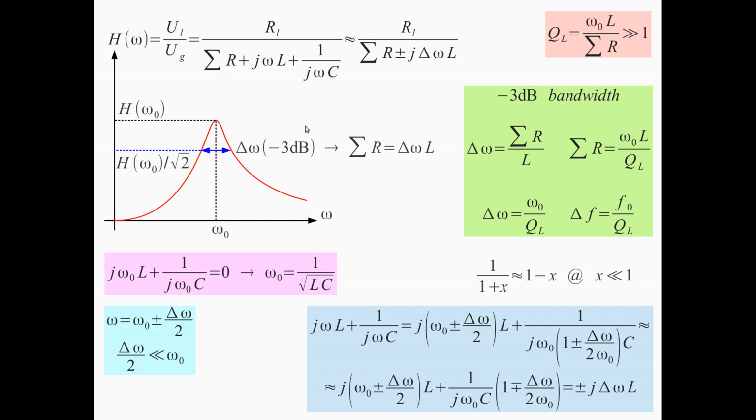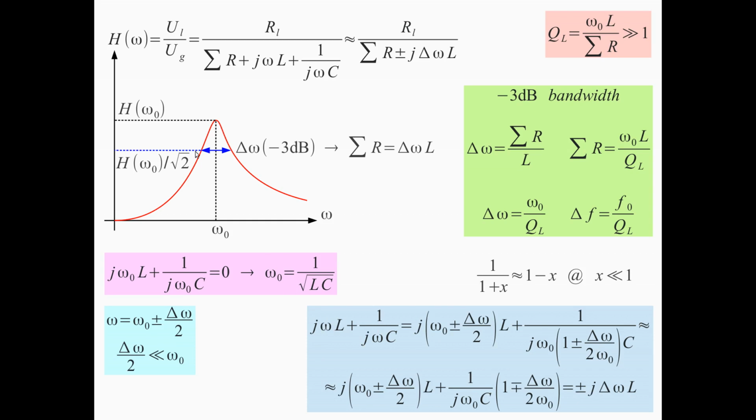I can simplify this expression here just using the inductor and its nominal frequency omega 0. If I use the nominal frequency omega 0, I can try to find the simplification for this expression. This simplification here is plus minus j delta omega L.